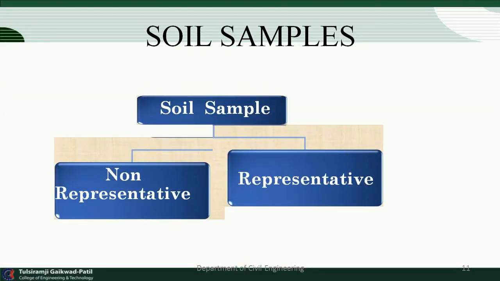Soil samples are basically classified into two groups. One is the non-representative group and the second is the representative group. The representative group is also classified into disturbed and undisturbed soil samples.